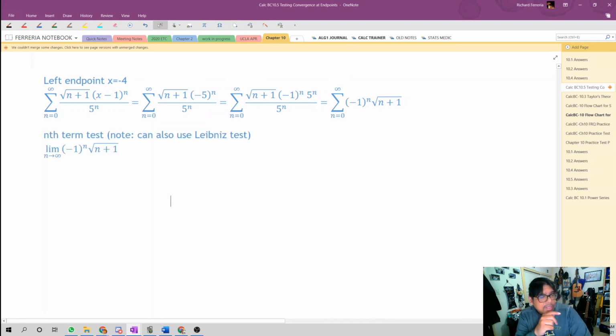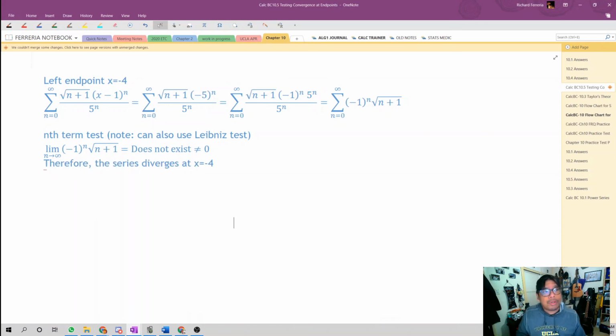So the limit as n approaches infinity of the general term -1 to the n power root n plus 1, that's just going to get bigger and bigger, and it's going to get bigger in the positive direction and bigger in the negative direction. So the limit doesn't exist, which is not the same thing as 0. Therefore, the series is going to diverge at x equals -4.